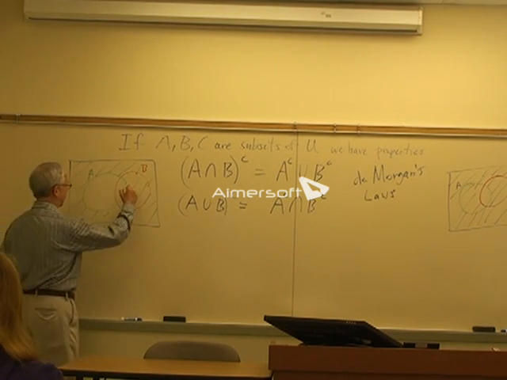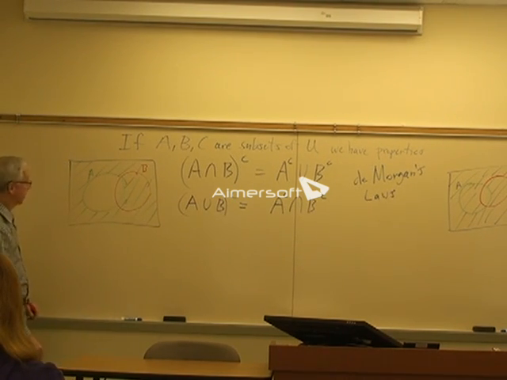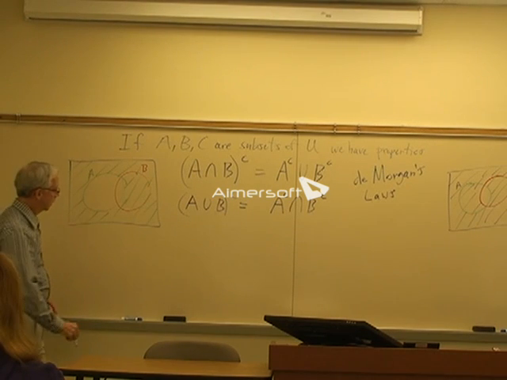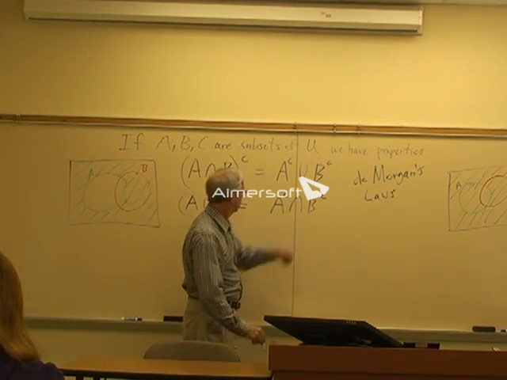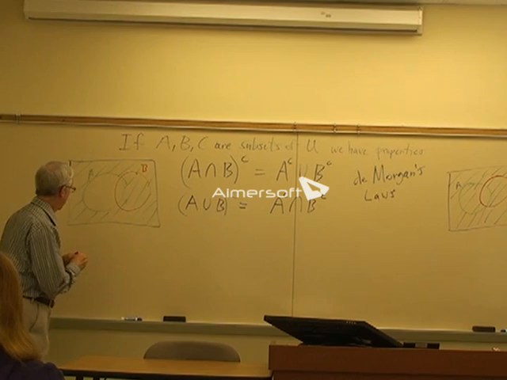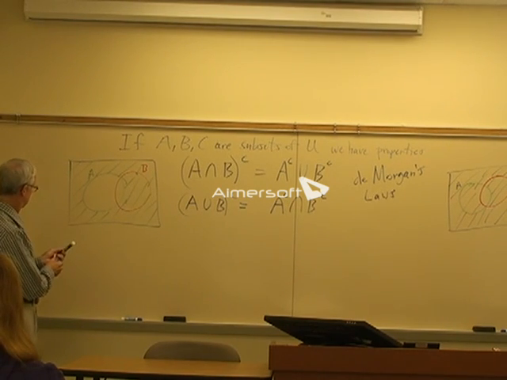So my green is A complement, everything that's not A. And if I take the complement of B, I'll draw that as red.